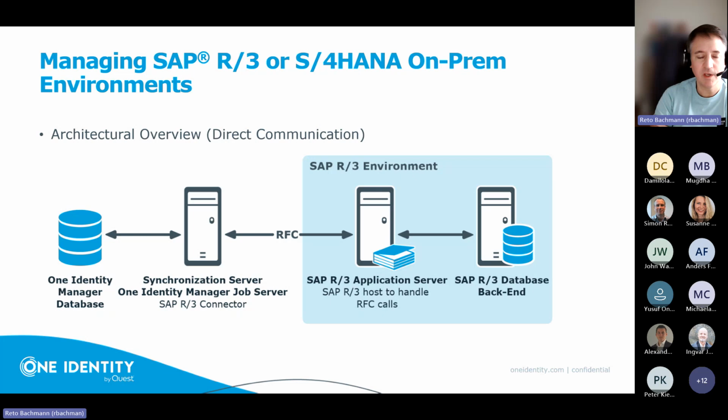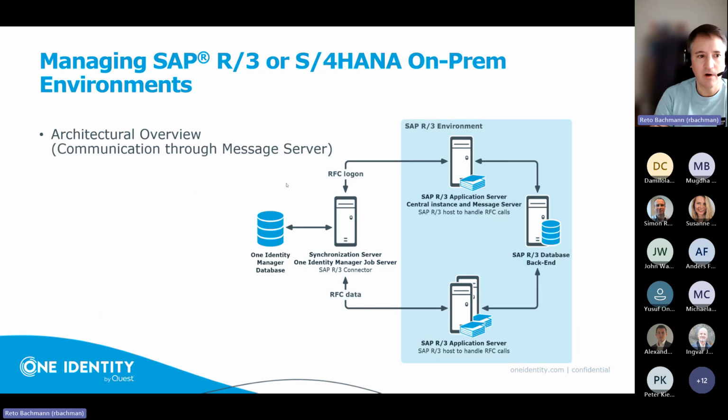There is a direct communication to the SAP server. And there are also two other options. In the SAP world there is, for example, a message server, which is the central instance that the job server connects to, and from there the message server makes the calls to the SAP system.